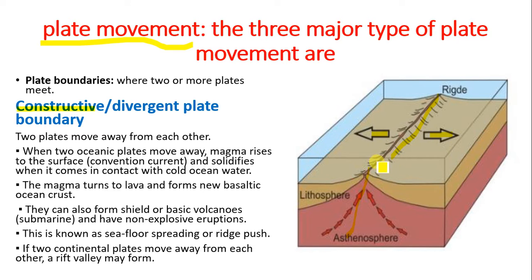And the volcano in this type of constructive plate boundary is usually basic, and it forms a shield, and it is actually non-explosive. That means it does not cause a high amount of destruction. And when it happens between oceanic plates, it normally leads to what is known as seafloor spreading. Now, if two continental plates move away from each other, a rift valley may be formed in the process.